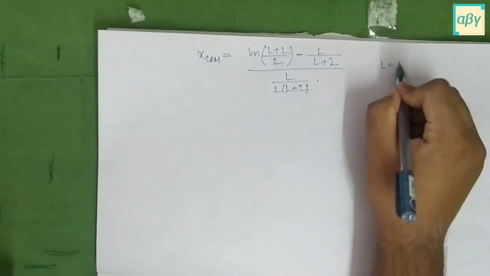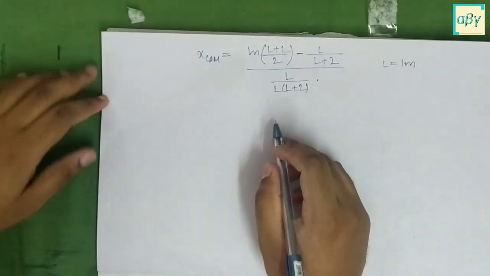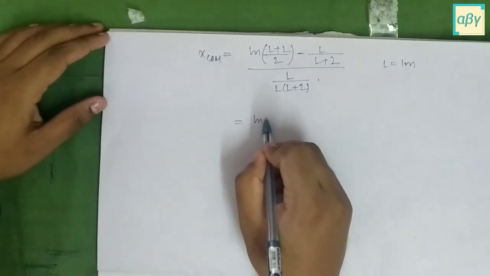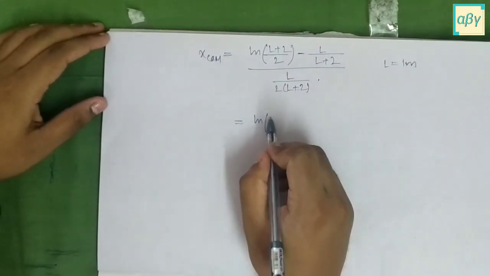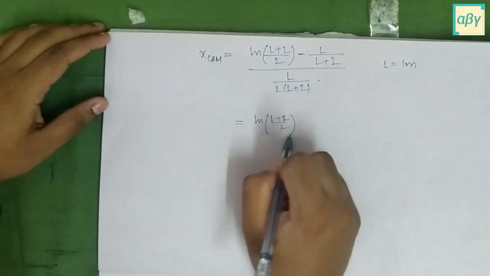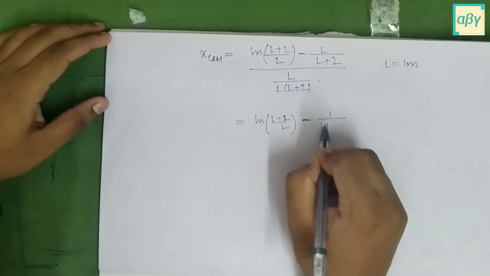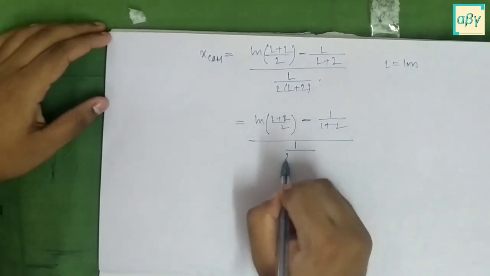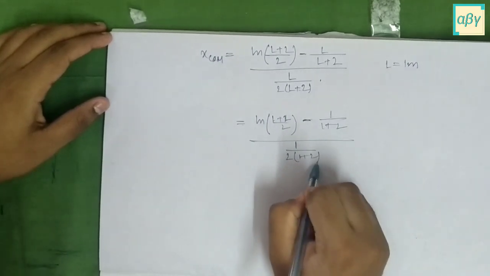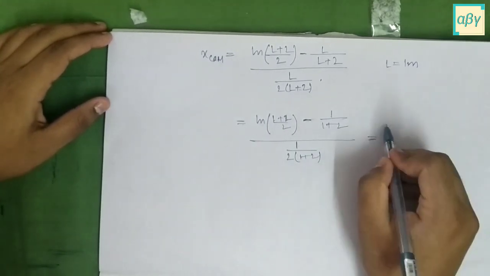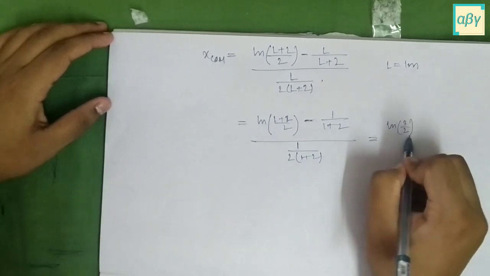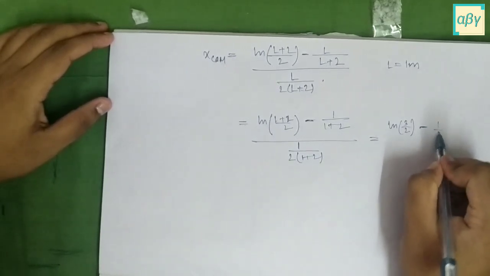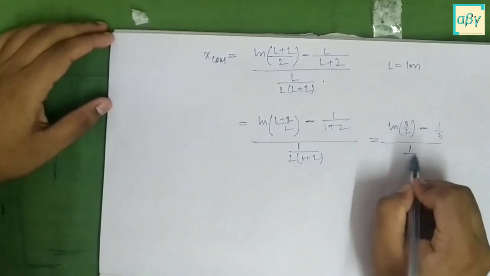So I have said that let L be equals 1 meter. Then in that case it will become ln of 1 plus 2 divided by 2 minus of 1 by 1 plus 2 divided by 1 by 2 times 1 plus 2. So this will be equals now ln of 3 by 2 minus 1 by 3 divided by 1 by 6.